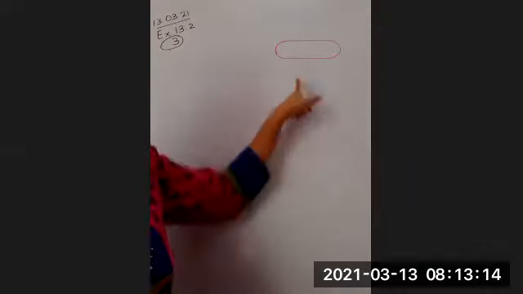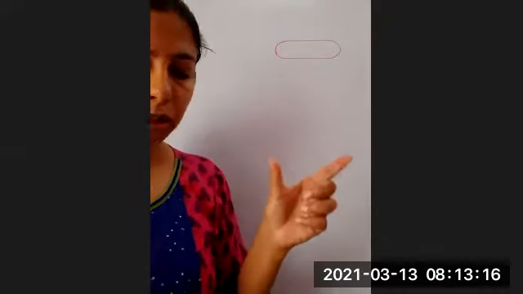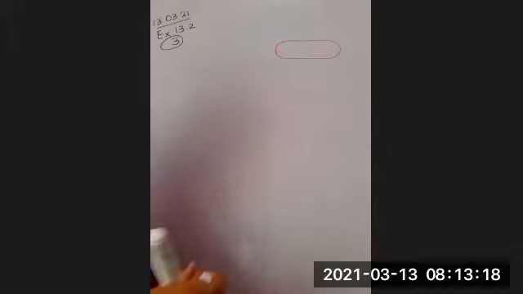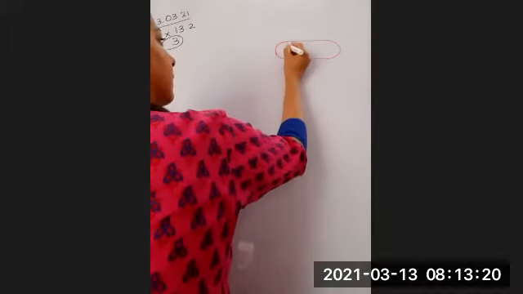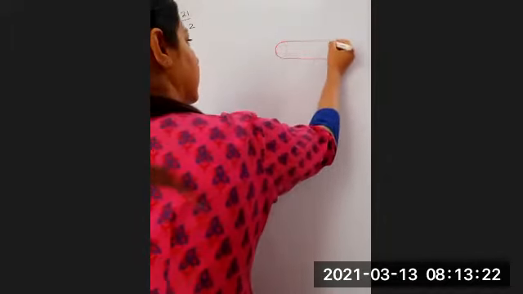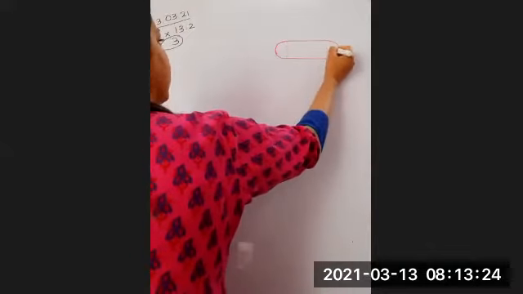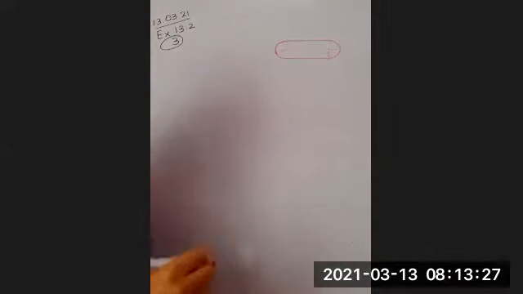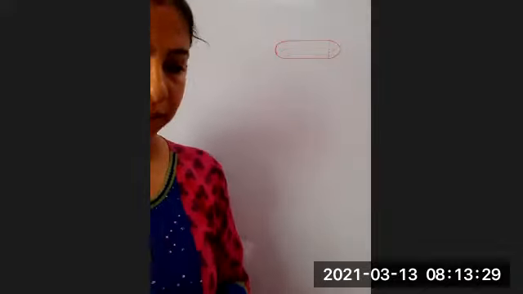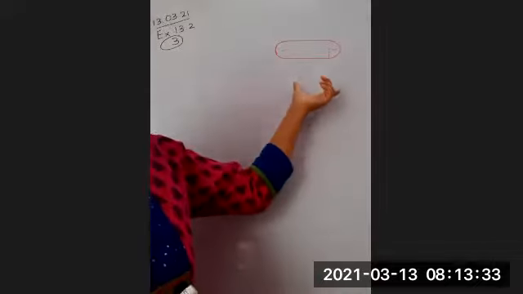Volume of cylinder plus volume of two hemispheres, right? So we will find the volume of one gulab jamun like this.